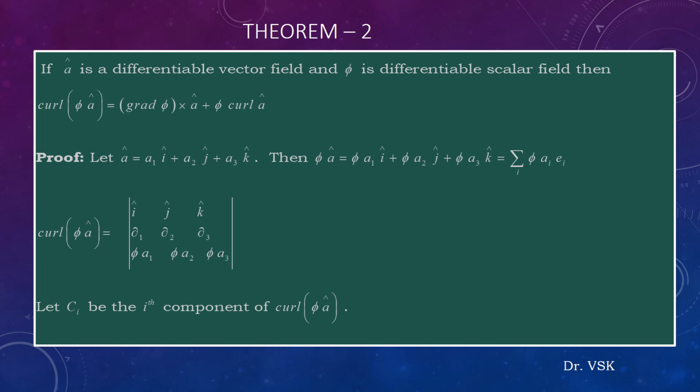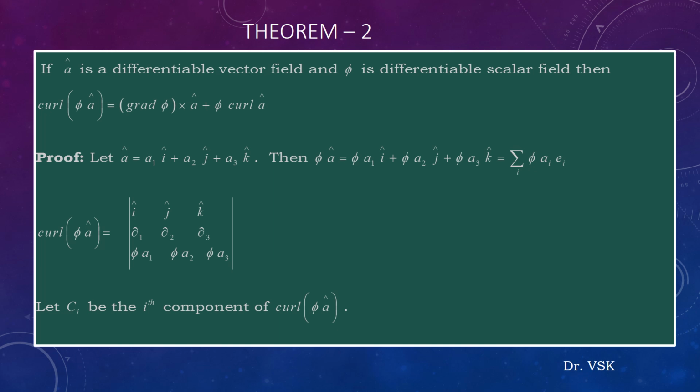So C2 equals dou 3 phi a1 minus dou 1 phi a3. Similarly, the third component is given by C3 equals dou 1 phi a2 minus dou 2 phi a1.